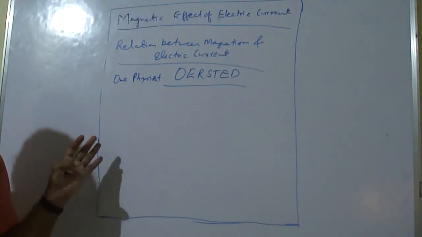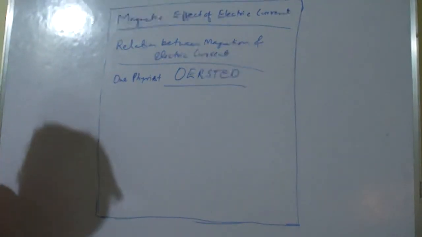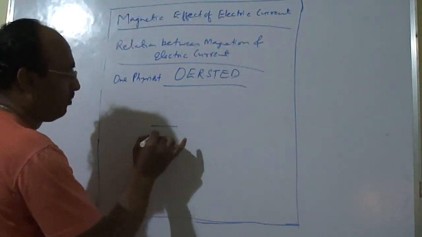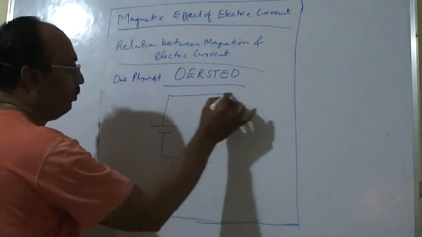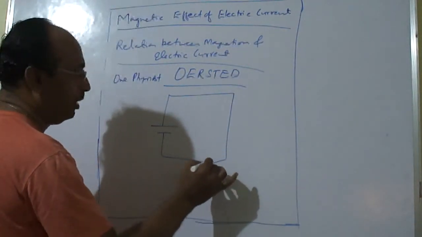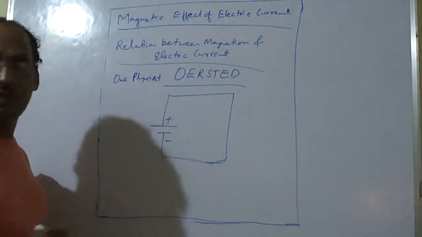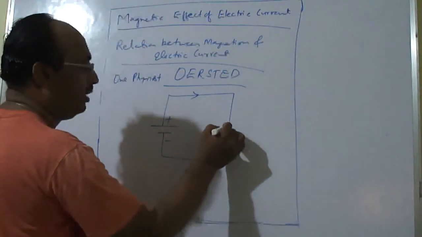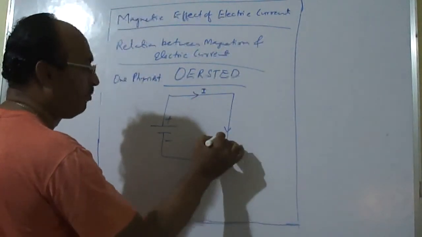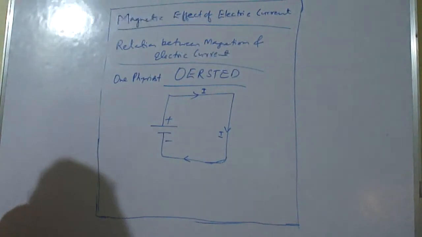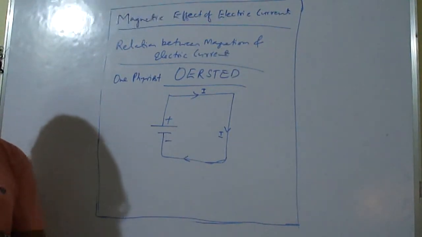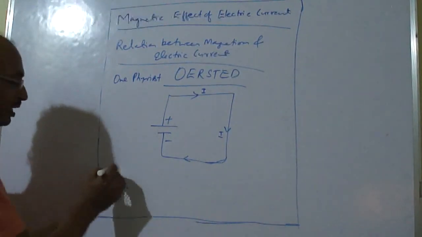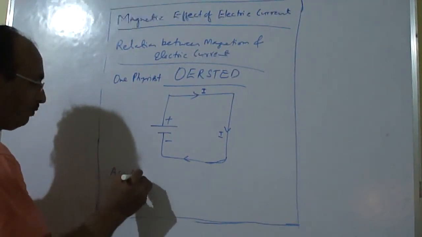Suppose a battery is there and an electric current is flowing through this wire in this direction. So what Oersted found was an accidental discovery. What is the meaning of accidental?